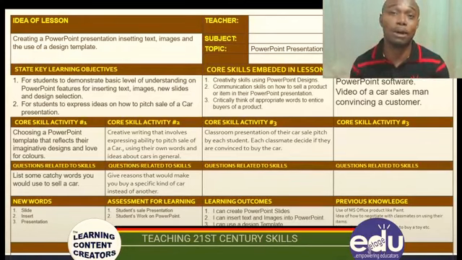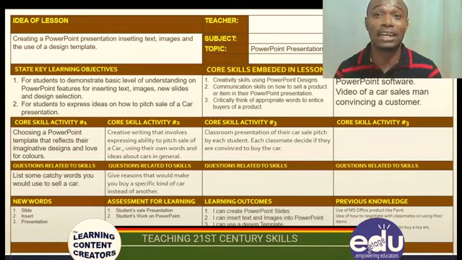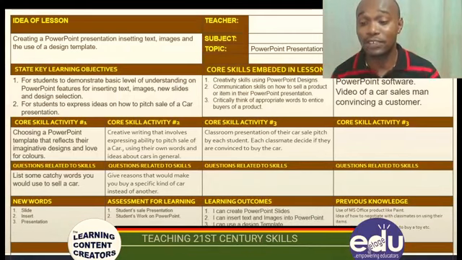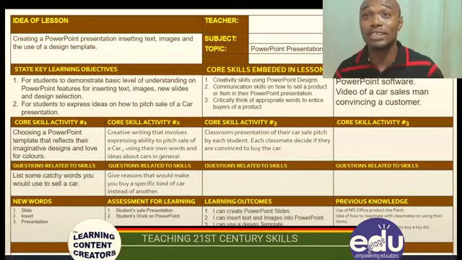The idea is, write ways, talk about this car, try to sell this car in your presentation, and they were generating ideas. Now we have the critical thinking part of it, because you have to think of the right words. You cannot use wrong words to sell the right product. You have to think of right words that will suit that kind of product.